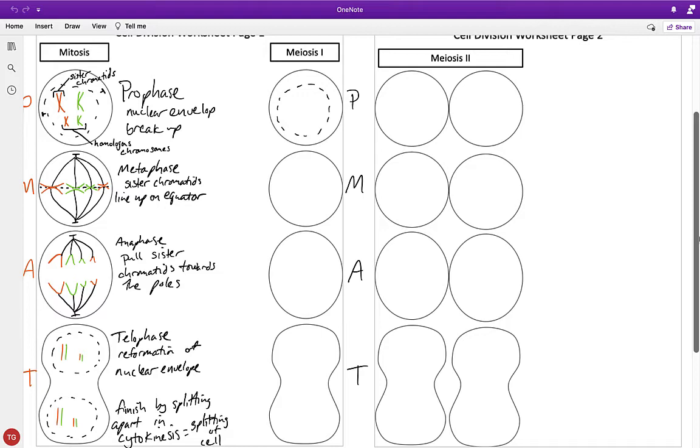So we break down the nuclear envelope for prophase. We're of course going to line up at the equator in metaphase. That's going to be part of what we're going to be doing. When we get to anaphase, we're actually going to move away from that equator. So I can go ahead if I want to and prepare for that as well.